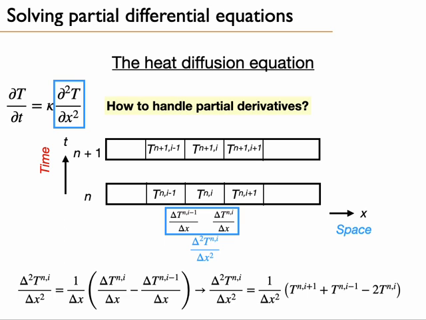The result is this. Simply that the second order derivative can be approximated by 1 over delta x squared times T n, i plus 1 plus T n, i minus 1 minus 2 T n, i.